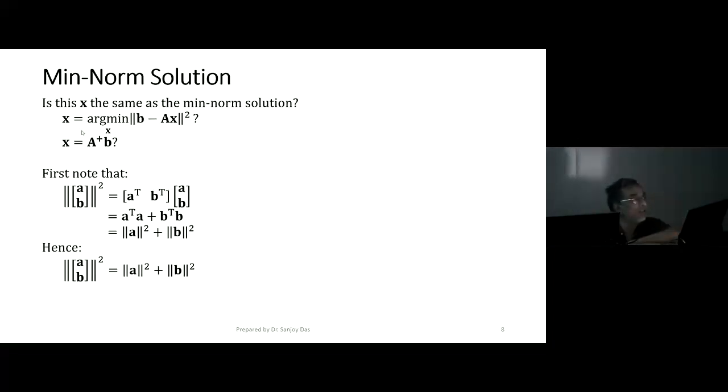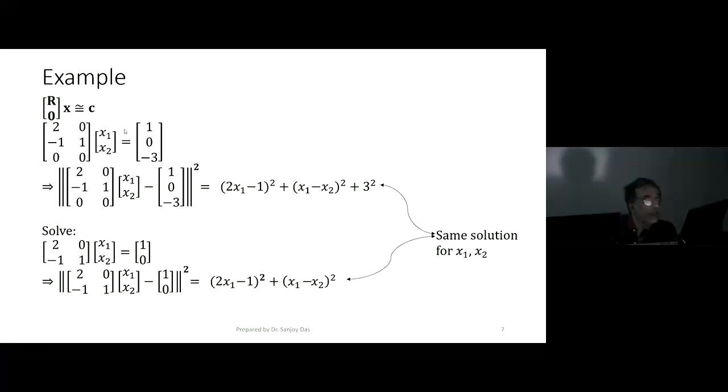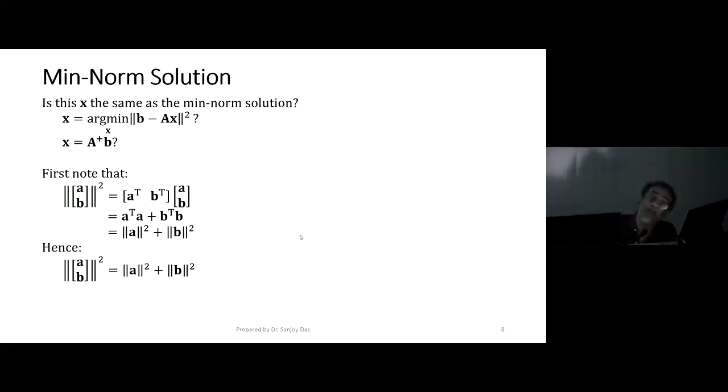So the question is: is this true in general? We saw that instead of using full QR decomposition, we can take the reduced QR decomposition to solve it. But here, without justification, we saw that it's somehow the same as the min norm solution. The pseudo inversion would give you the same x.